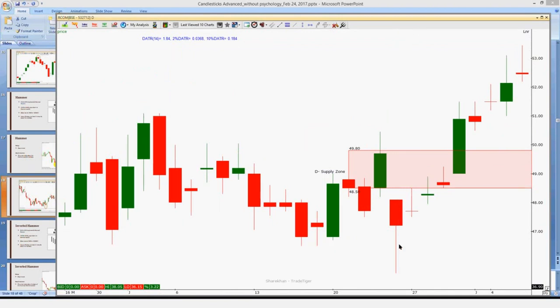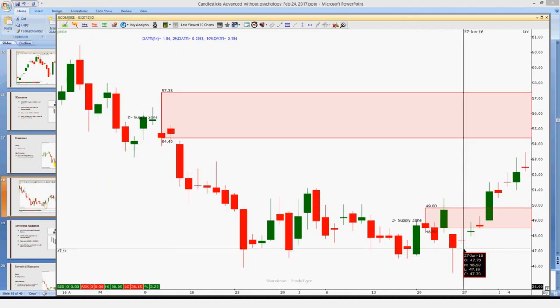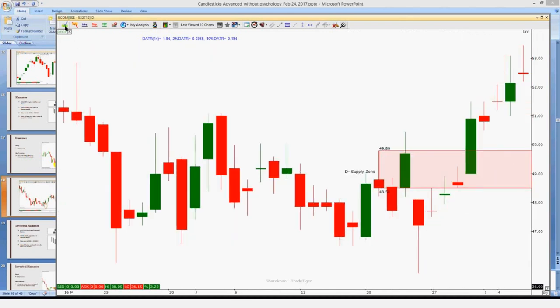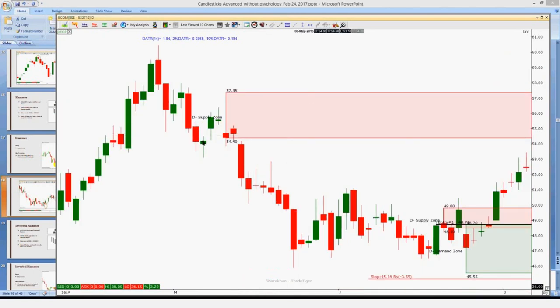Now, this is a drop, base, and a rally engulfing this zone. So a hammer forming after a steep fall in price and also giving me an engulf. I can simply plan my entry like this, keep my stop loss a few ticks below the distal line, and the target should be the opposite engulf. The opposite engulf happened here.